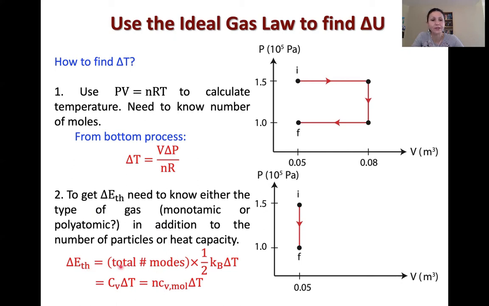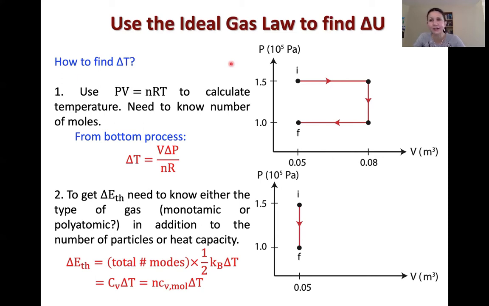So delta E thermal is the total number of moles times 1/2 kB delta T, or if you knew the heat capacity, it's the heat capacity times delta T. And what is heat capacity? It's the number of moles times the specific heat. So depending on what information you're given, you have to decide what's the most appropriate or fastest way of calculating change in E thermal.